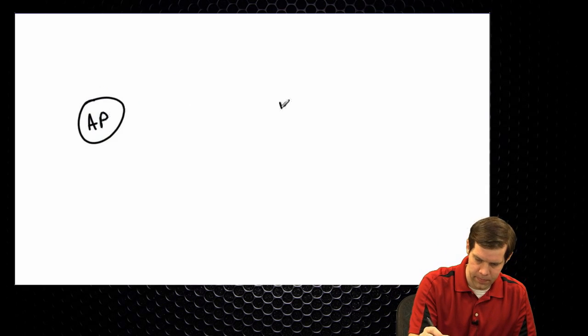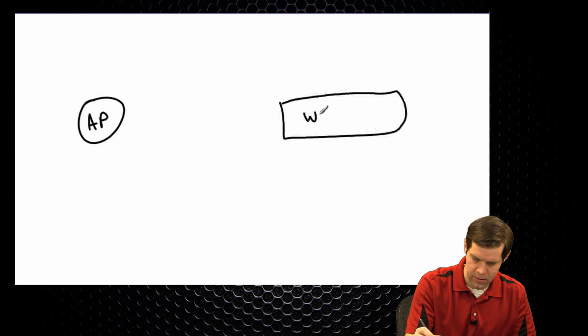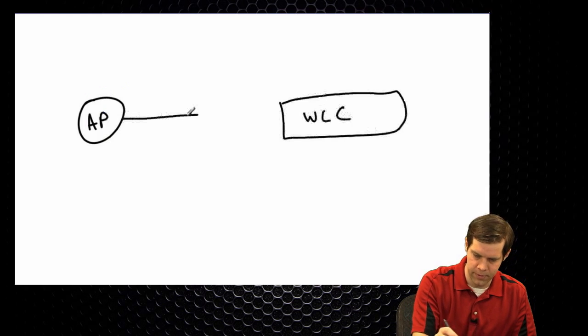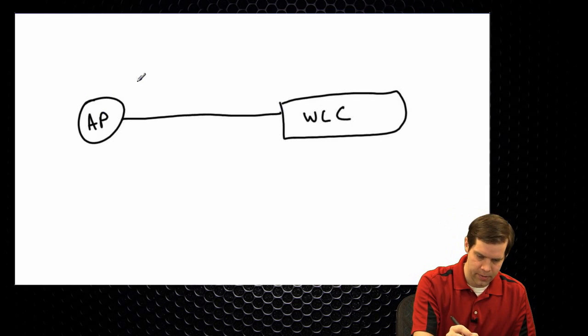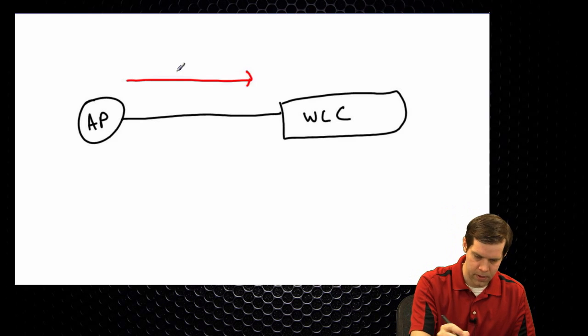So let's draw this out just a little bit here. So we have our AP, wireless LAN controller. I want to do this real simple. We have one AP, we have one wireless LAN controller. So initially, we sent a discovery request, and we got a discovery response.